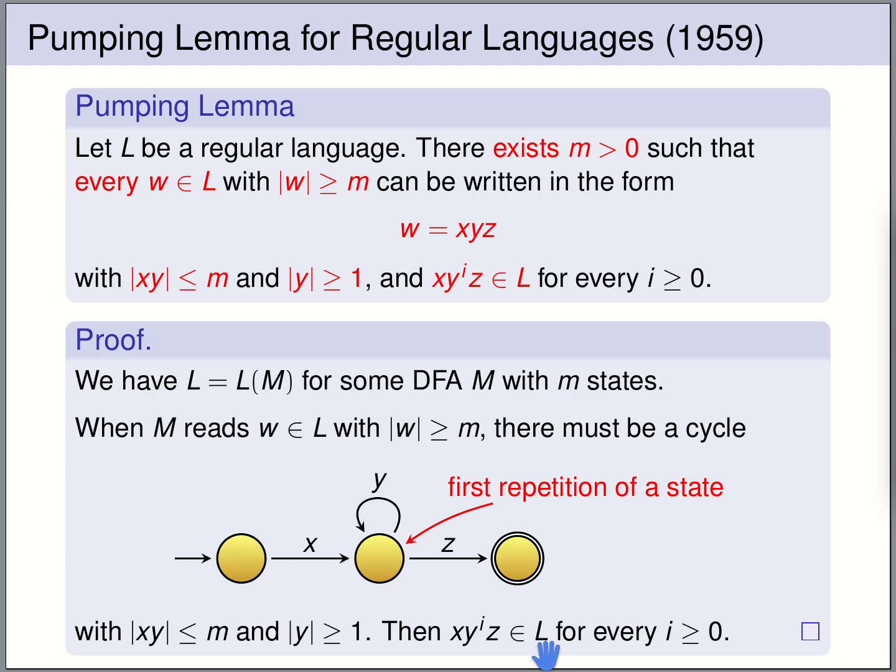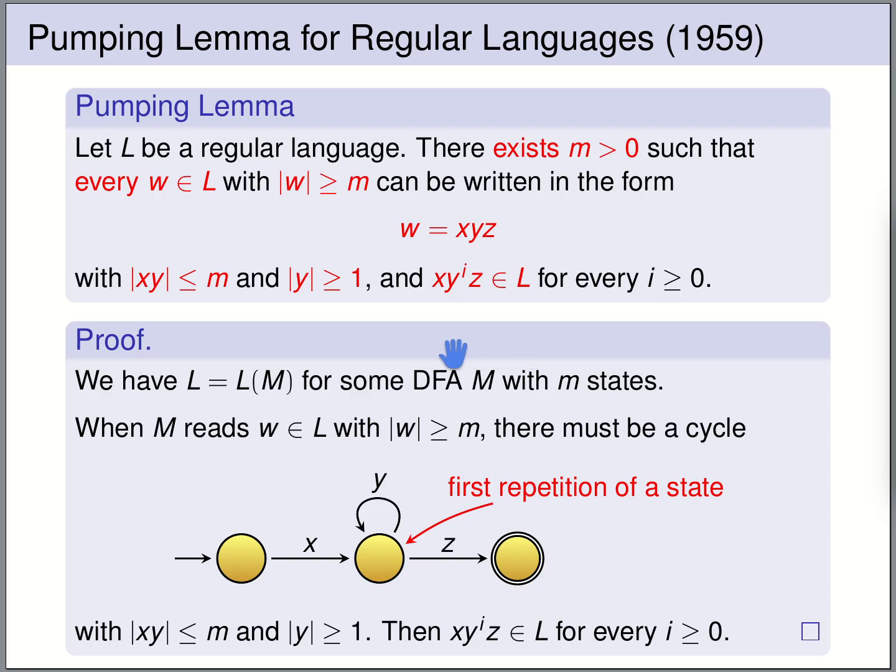Now, the tricky part here is that we know that the automaton has some number of states m, but we don't know what automaton. If you're speaking about an arbitrary regular language, then we don't know what the automaton is, and actually we will use the pumping lemma to show that languages are not regular. So we cannot assume anything about the size of the possible automaton. If we want to show that something is not regular, we have to show that no automaton can exist.